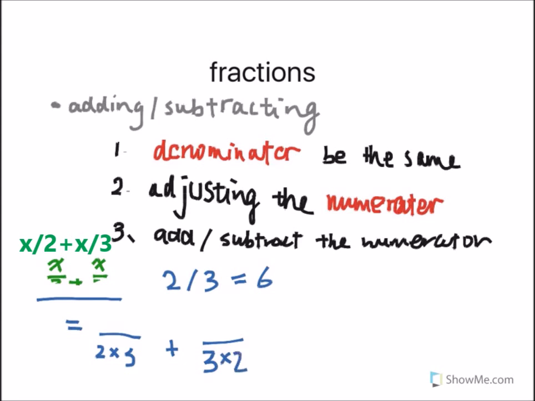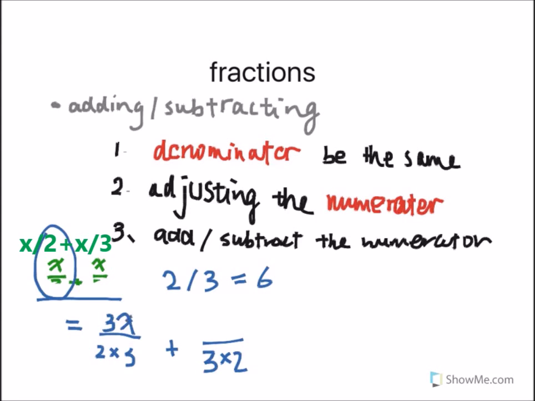Now we go to the second step. You need to adjust the numerator. If we look at the first fraction, x over 2, the denominator has been multiplied by 3. In order to keep the value of this fraction the same, you need to multiply the numerator by 3 as well. So it's 3x.